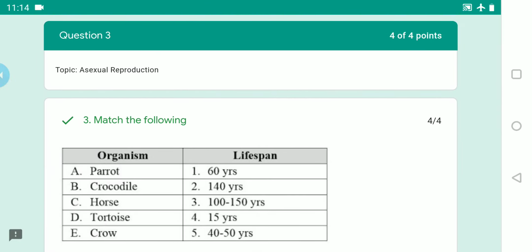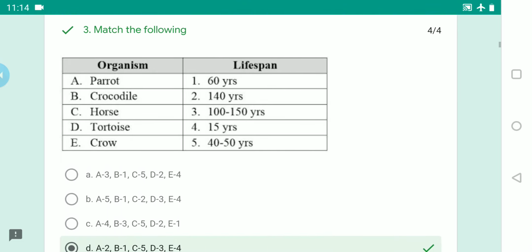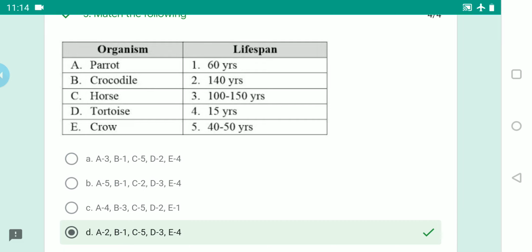Next question, also related to asexual reproduction. They have given the organism names with respect to the lifespan. In the textbook, I hope you have gone through the names of the organisms and their lifespans. If you can match these, you can identify the answer.